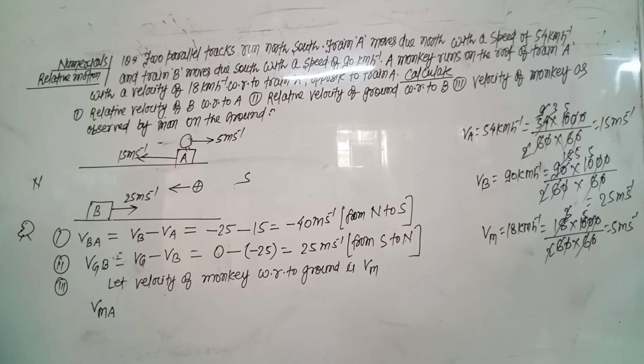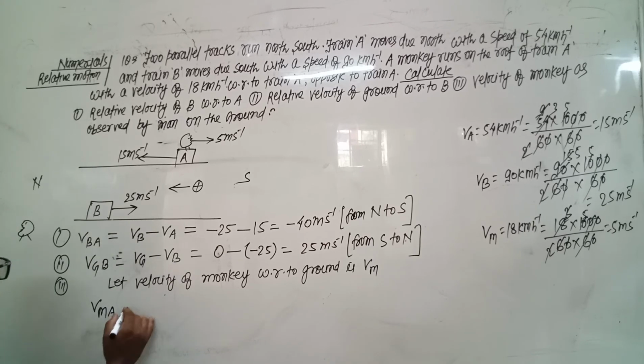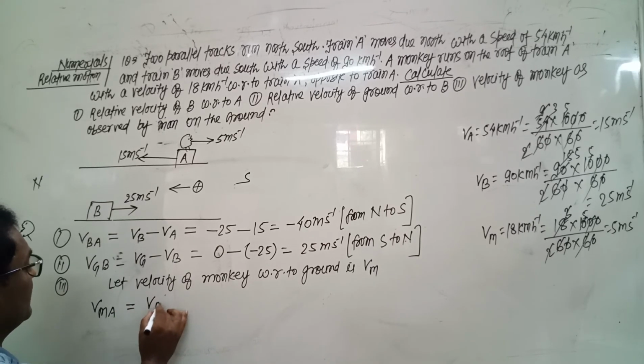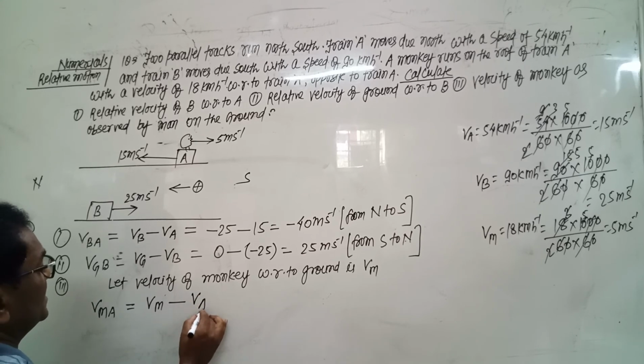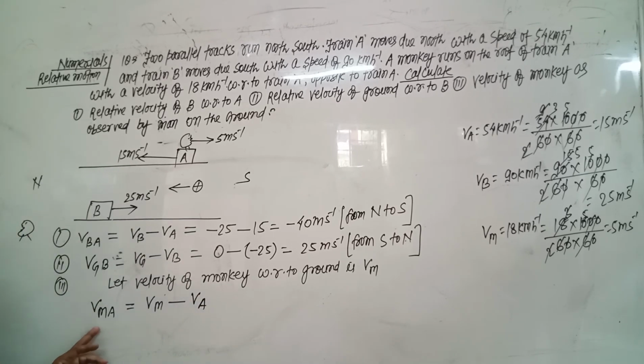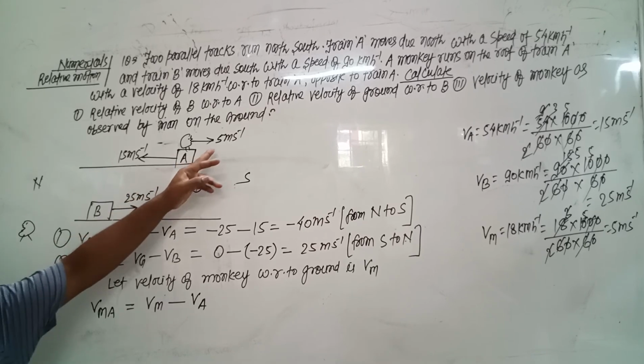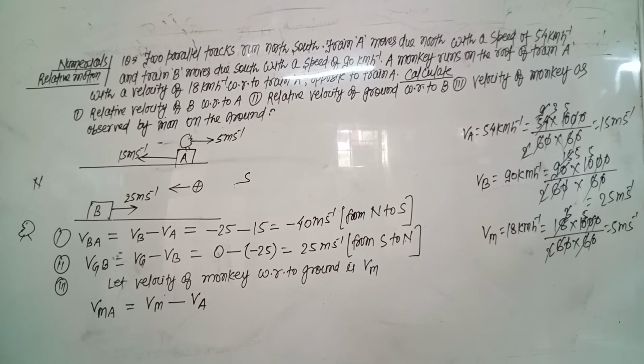Firstly, we will calculate the velocity of monkey with respect to A. VMA equals VM minus VA. The velocity of monkey with respect to train A is already known, 5 meter per second.